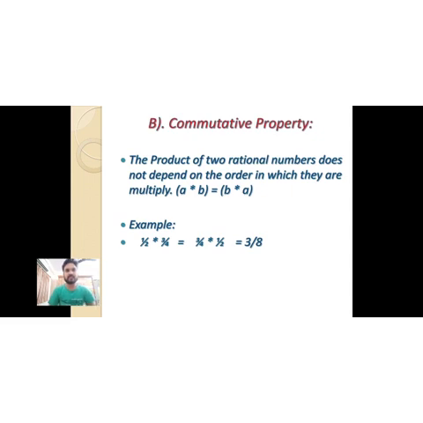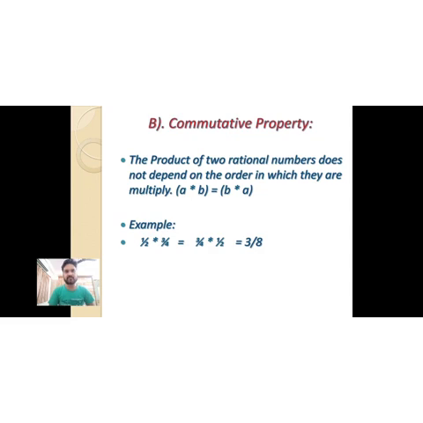The commutative property, same. The product of two rational numbers does not depend on the order in which they are multiplied. Means 3 twos are 6, or 2 threes are 6. 2 into 3 is 6, 3 into 2 is 6, 1 fives are 5, 5 ones are 5.